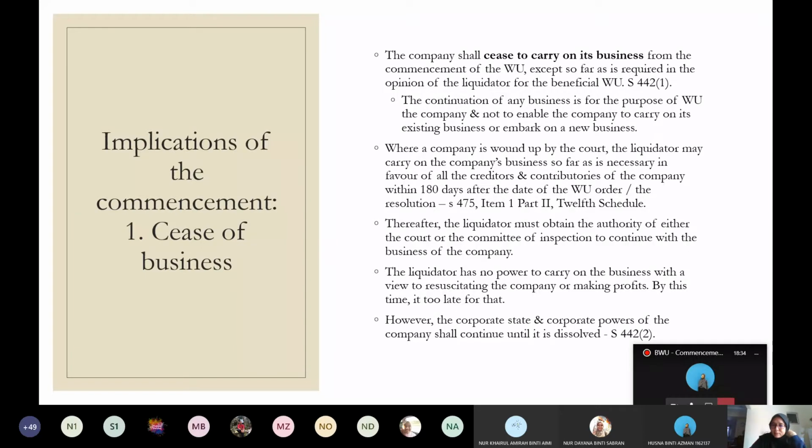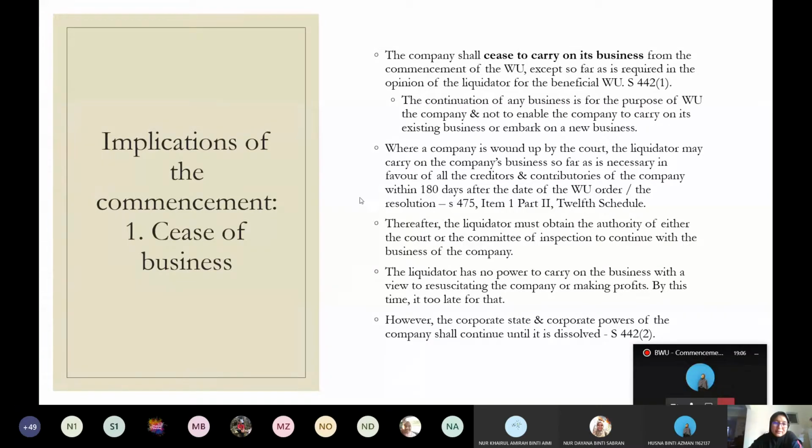So that means the power of the company tu is stated in dia punya memorandum and articles of association kan. The power to, for example, sell, the power to transfer, banyak lah kan, dia punya senarai itu panjang. So basic idea is that they still have power to do the powers as provided under their memorandum and articles, until it is dissolved.